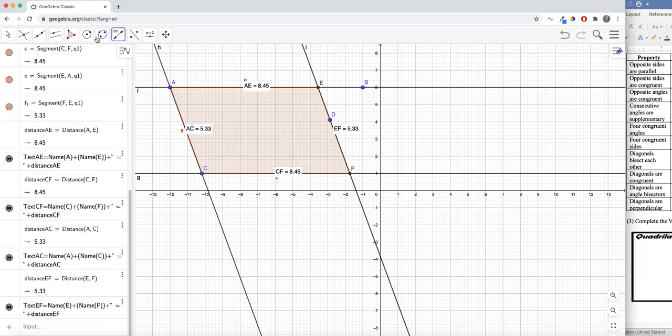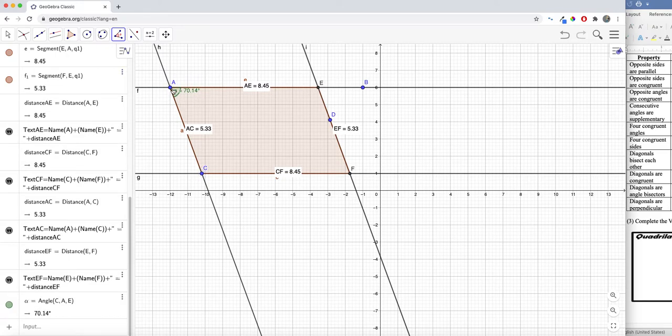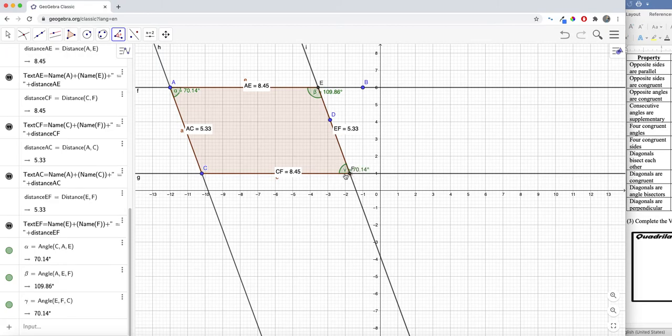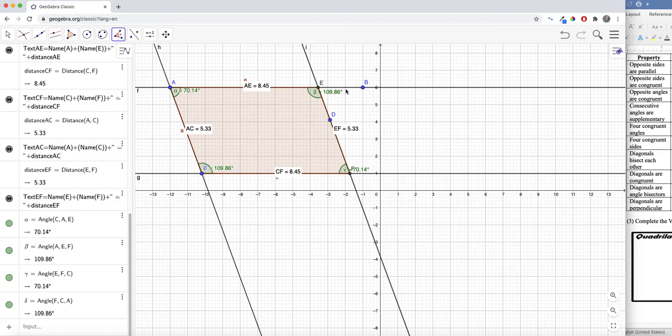Opposite angles are congruent, so we need to measure all the angles. Okay, so we see that the opposite angles are congruent.